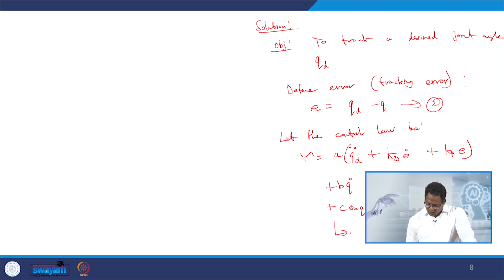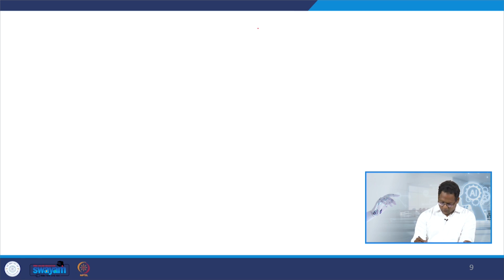Let this control law be represented by equation number 3. Next, we can see in the control law, A represents ml square, that is the mass matrix you can say, and C represents the mgl part.